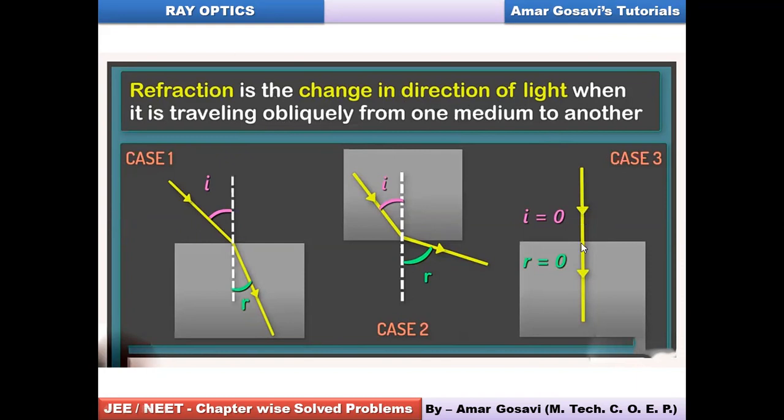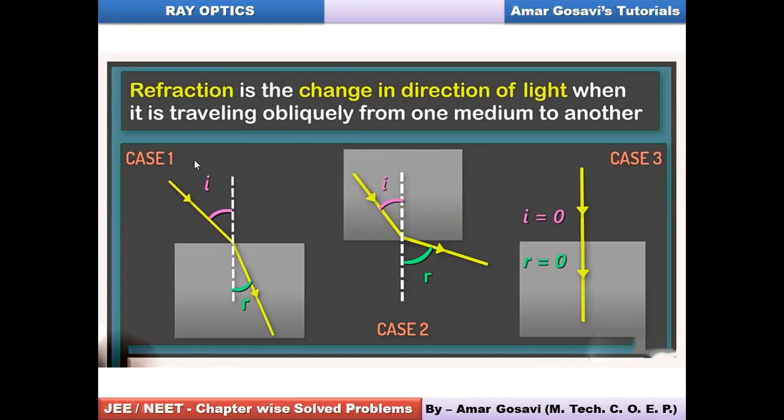So it's not getting refracted also. Angle of incidence is also 0 and angle of refraction is also 0, you can see. So if a ray of light travels or changes the medium vertically like this, obviously refraction is not going to take place. Therefore, in the definition, this word obliquely is predominantly introduced.